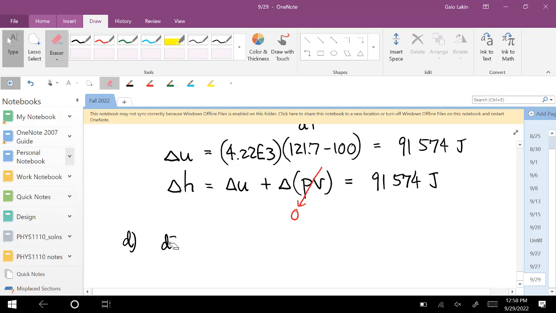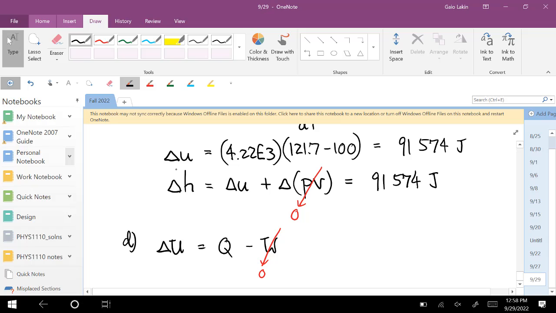We know that the change in internal energy is equal to Q minus W. And this is incompressible, so we know that there's no work of expansion. And so to calculate Q, we just have to figure out the change in internal energy.